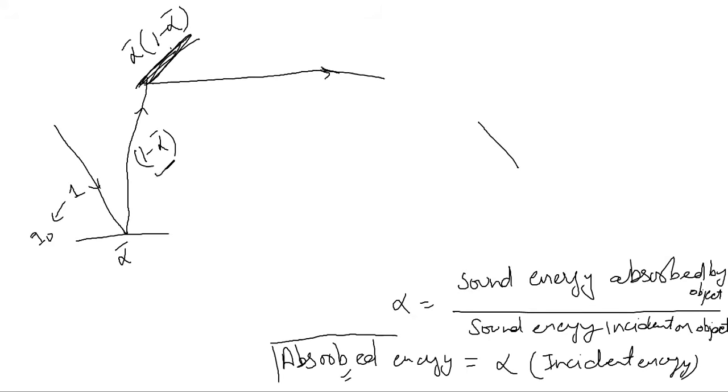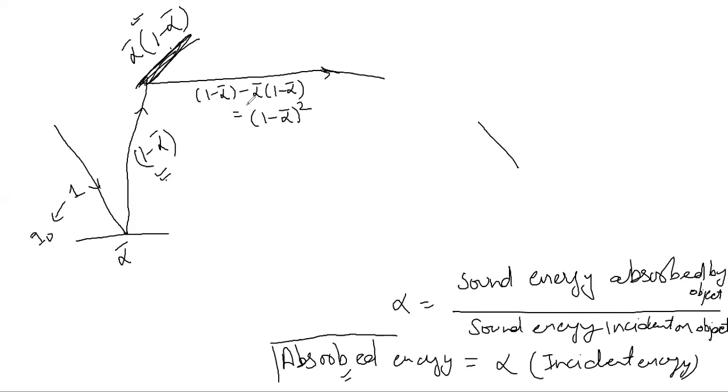This was your incident energy, this much energy is absorbed. So reflected would be incident minus absorbed energy, and you will have 1 minus alpha bar into 1 minus alpha bar, which would be equal to 1 minus alpha bar whole square.